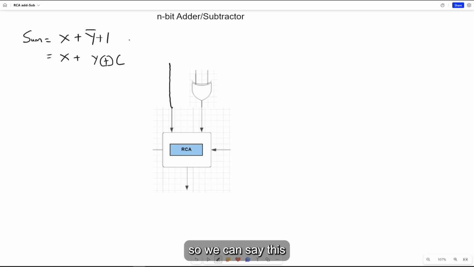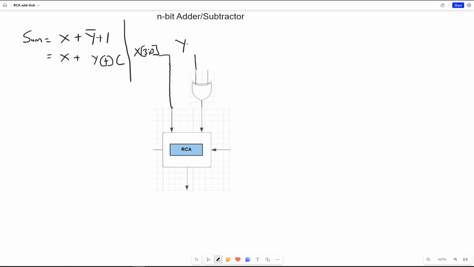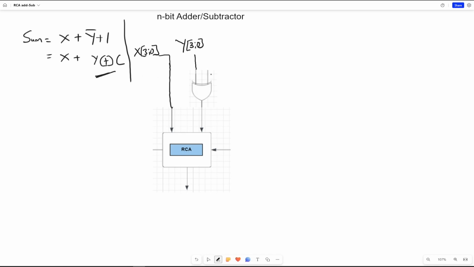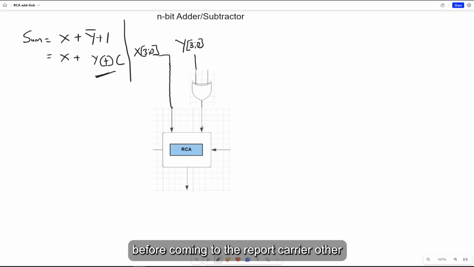So this is our X, and if it's 4-bit, it's connected here, and Y is 4-bit. So you can see here we XOR here before coming to the ripple carry adder.